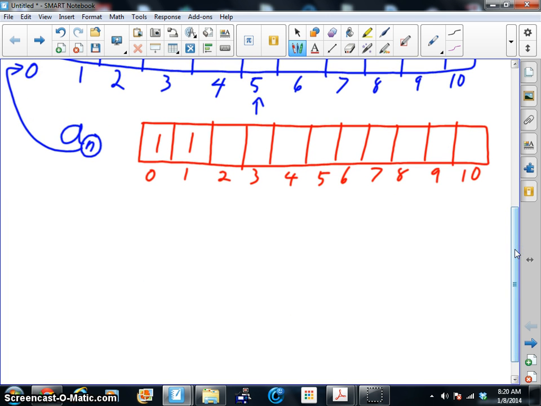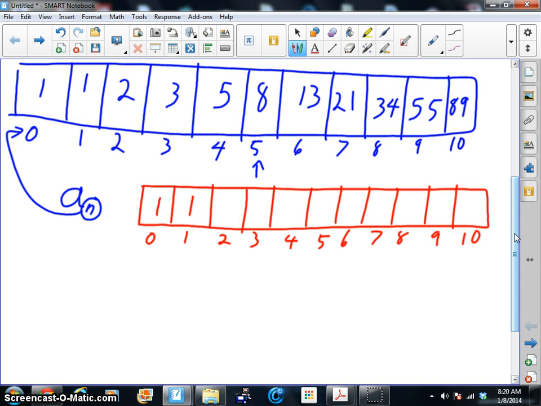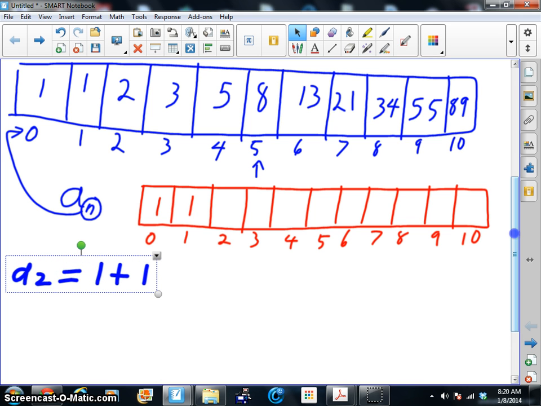I'm going to formalize this a little bit, because right here we just looked at everything. So originally, if we take a look at our original numbers, when we look for position A sub 2, we took 1 and we added 1. I'll move that down here and make it a little bigger so we can take a look at that.